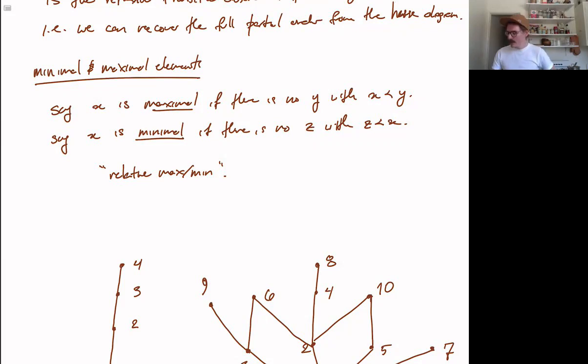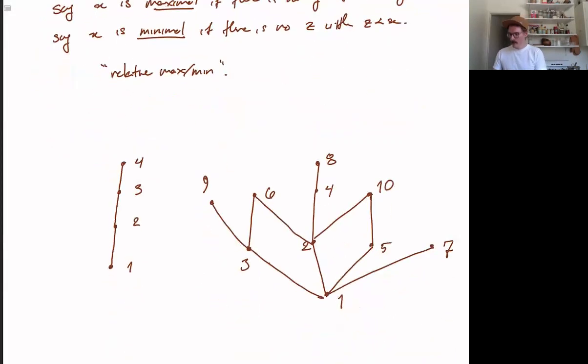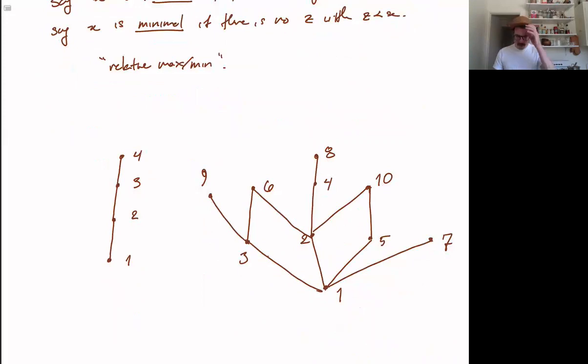But notice that because you're saying there's no y, for example, that's strictly larger than x, since this is a partial order, there can be things going off in all directions. So there can be a number of different things that have nothing bigger than them. So we can see that in these examples.